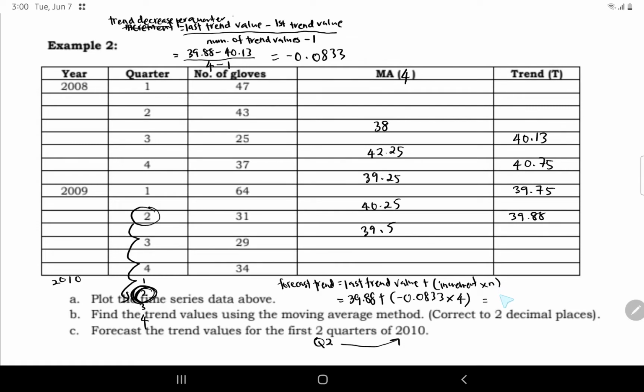So the answer is 39.55. Okay, so we can forecast what happened in the value of trend for quarter 2 2010. Okay, so kita forecast tadi apa maksudnya? Ramalkan. Kita ramalkan apa yang terjadi dekat dalam 2010 quarter 2, trend value dia akan menjadi 39.55. Okay, so that's how we forecast the trend value.